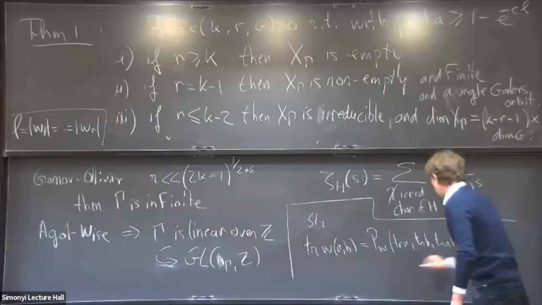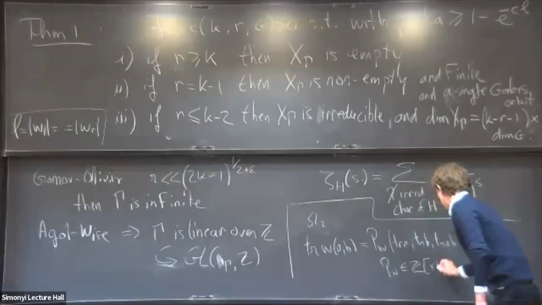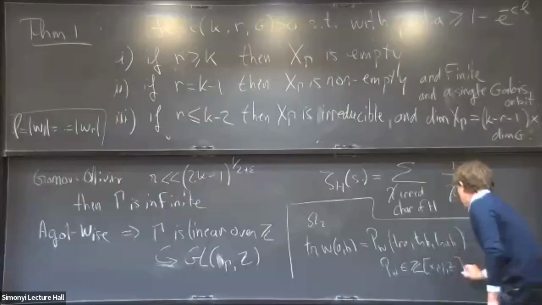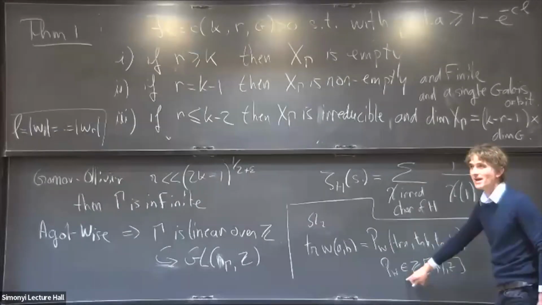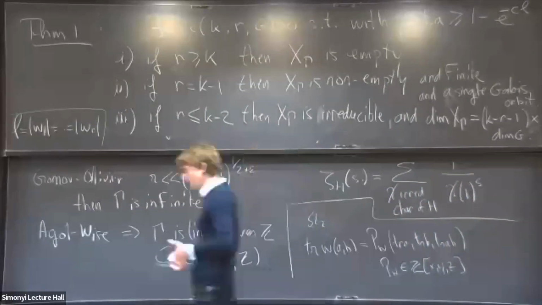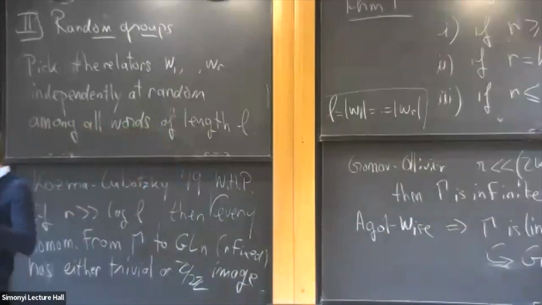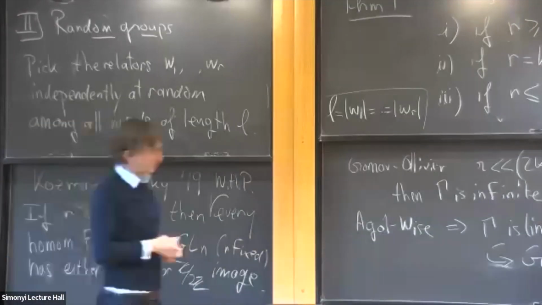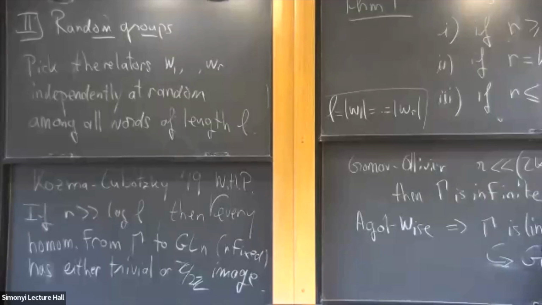This polynomial has integer coefficients, and if your word has length L, the polynomial will have degree L. But the coefficients won't be bounded, they will be exponentially growing, and the set of polynomials that you get is still a very thin set in the family of polynomials of degree L with coefficients, let's say, 2 to the L. But this is what we are looking at.